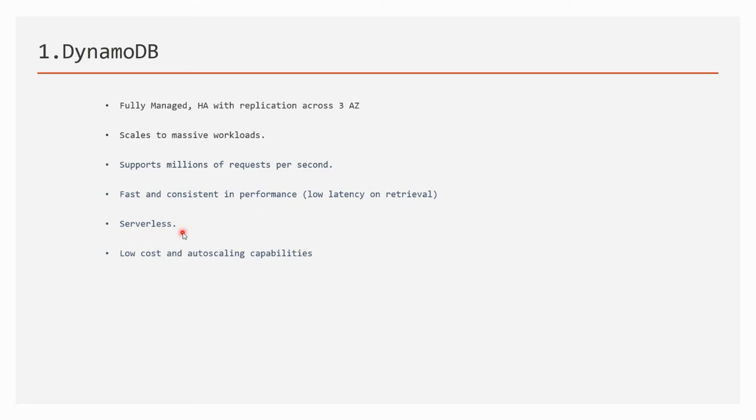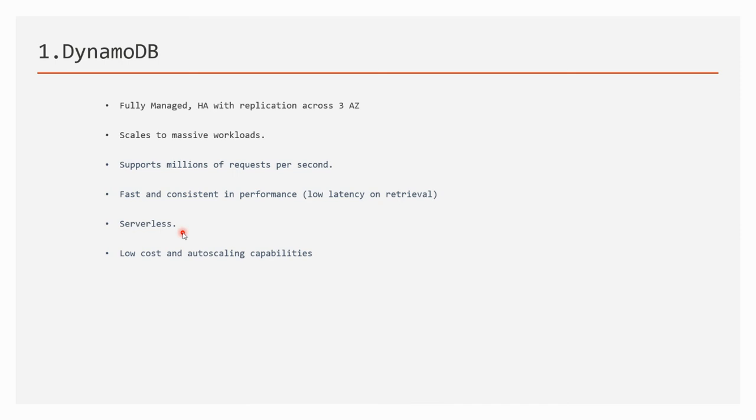And it is serverless. Till now we have been talking about databases and EC2. We had to manage a server, at least in the EC2 case. But in the case of RDS, there was a server, even though it was managed by Amazon. But in the DynamoDB case, there is no server. There is a server, but it is managed in the back by Amazon. So we are not concerned about whether there is a server or not.